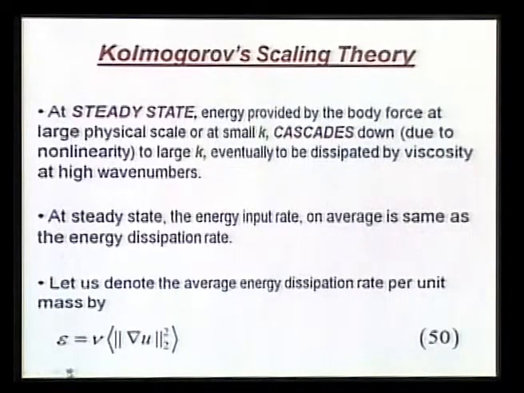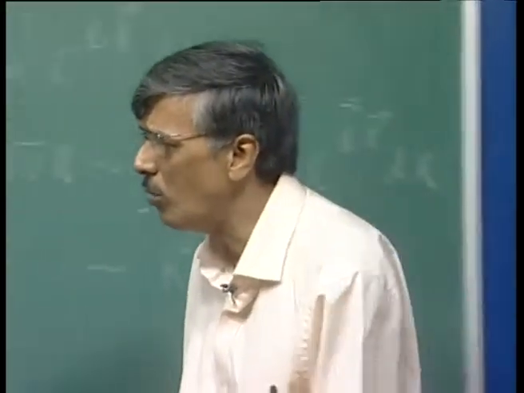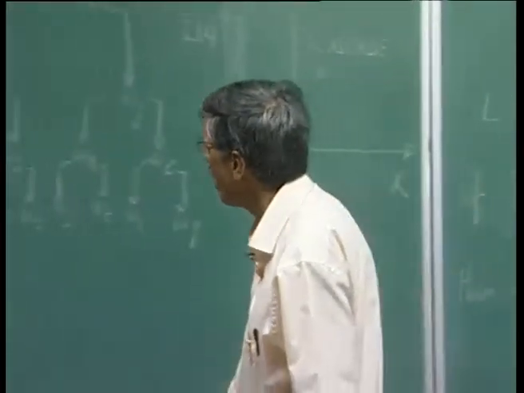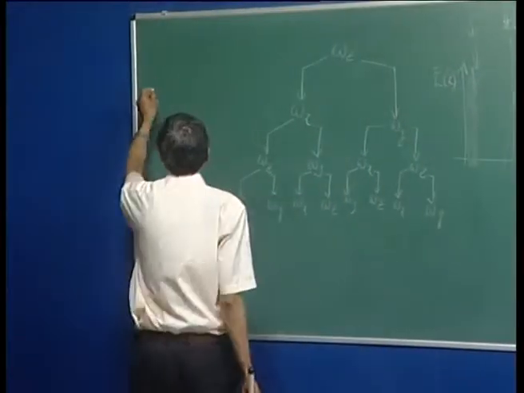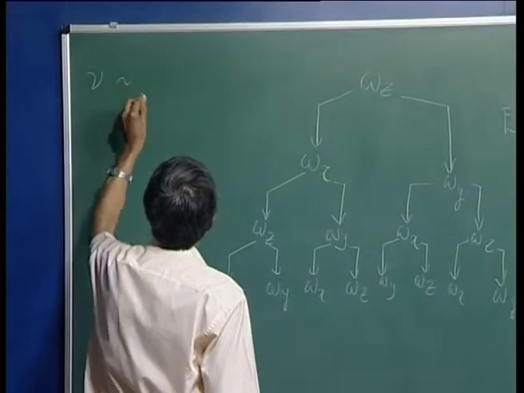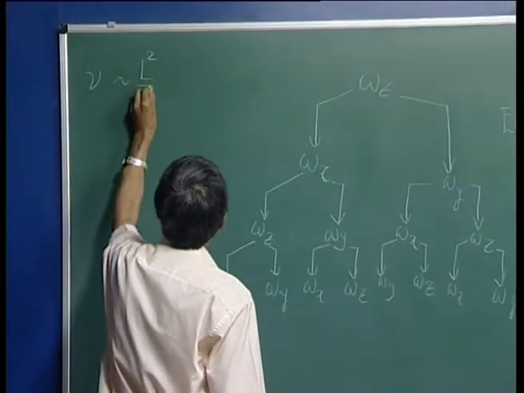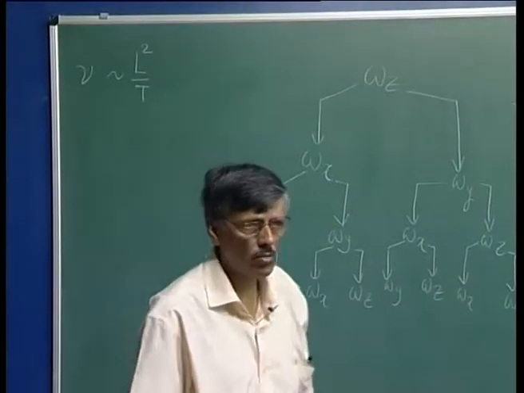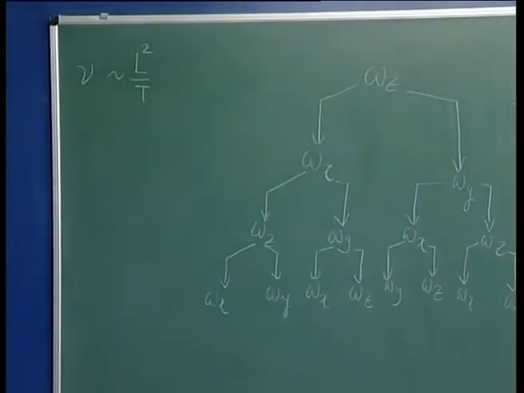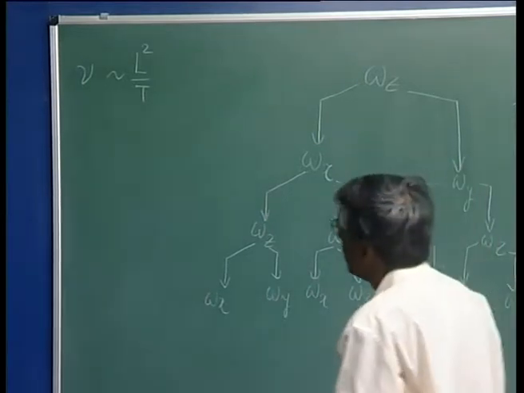Now, let us look at the average energy dissipation that we have seen, nu times gradient u square, right. So, what happens? We can find out its dimension. Nu has a dimension of L square by T. Now, what about grad u?